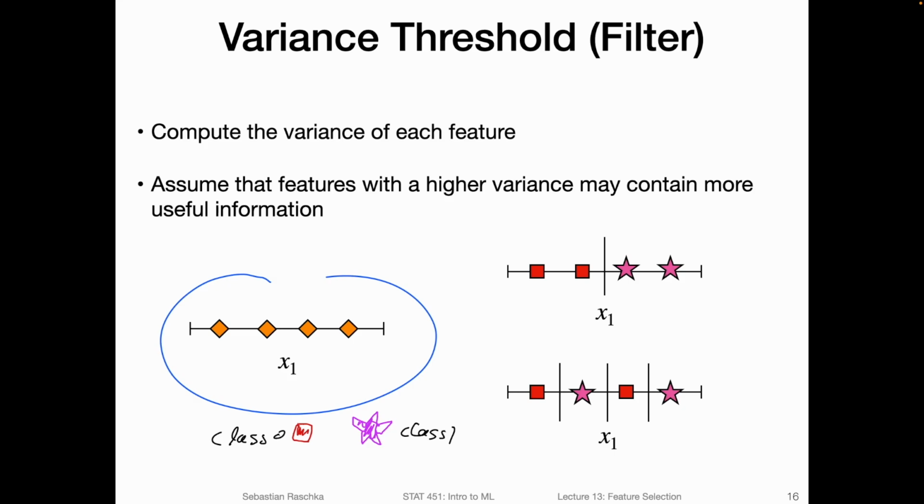Of course, the best case scenario would be this one, where all the data points from one class are on one side, for example the squares here on the left-hand side, and all the data points of the other class are on the other side. In this case, it will be very easy to find a decision boundary that separates the data perfectly.